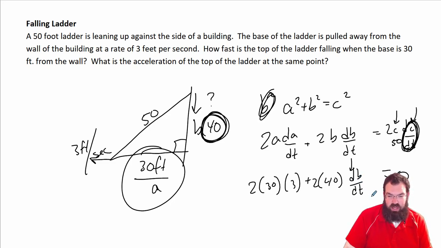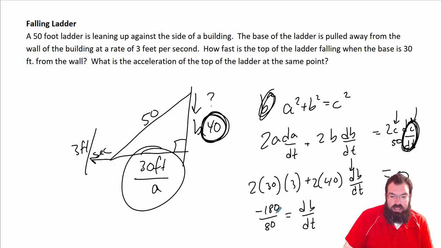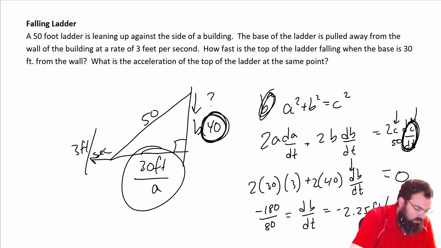That's what we're trying to find. Once I do the math, 60 times 3 is 180. Let's subtract it and then divide by 80. So it's negative 180 over 80, which is equal to dB over dt. That gives negative 2.25 feet per second, because it's falling at a rate of 2.25 feet per second.